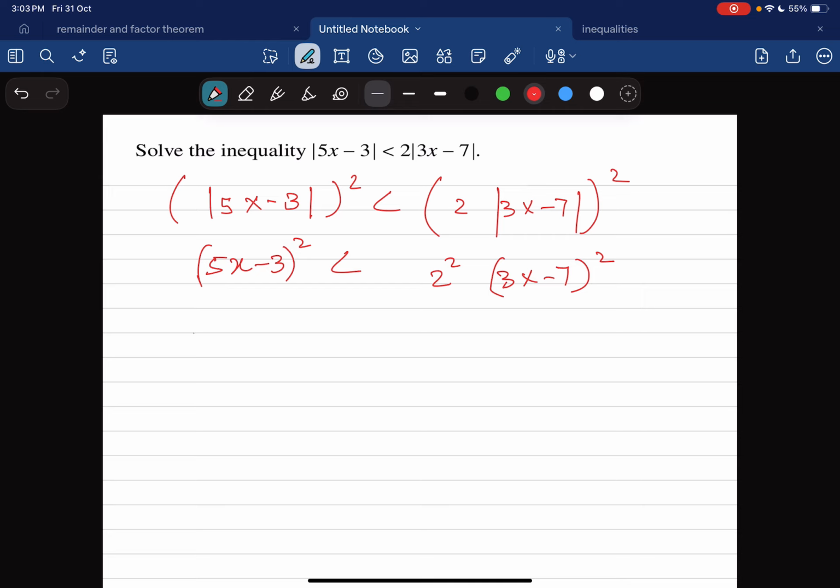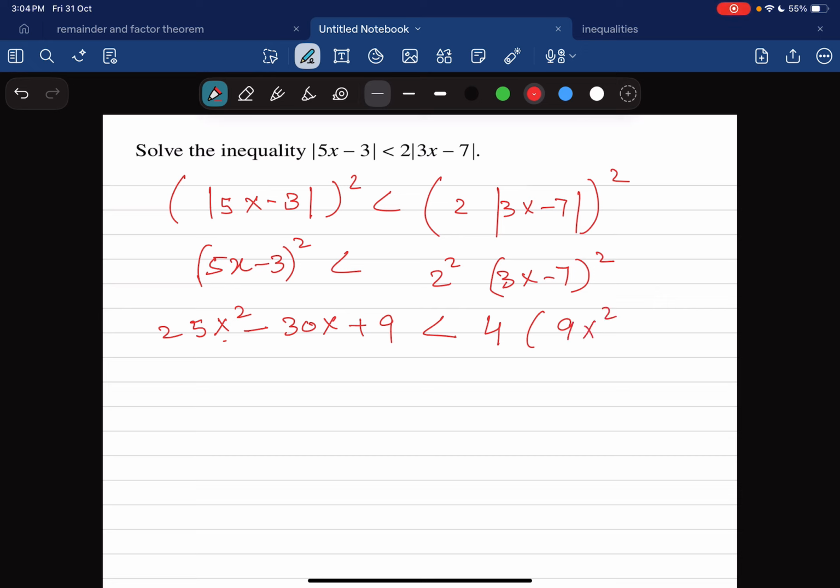This is 25x squared minus 15x minus 15x, that is minus 30x, plus 9. This 2 squared is 4. Be careful: if there is any number outside of the absolute value, we have to square it also.